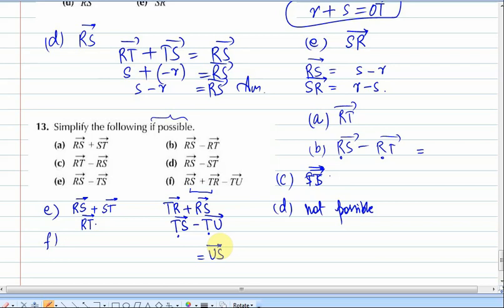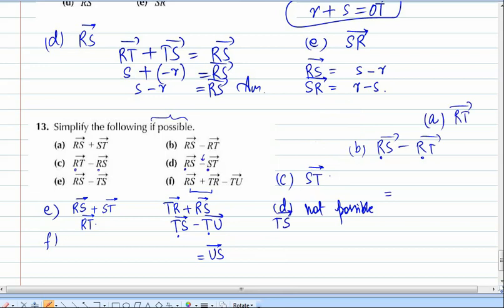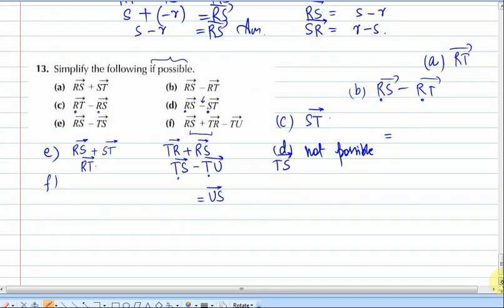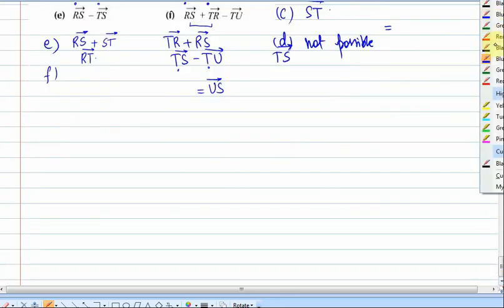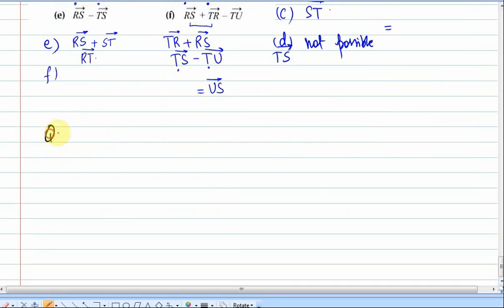Right? I hope that you have clearly understood the concept of all 6 parts of question number 13. After 13, moving on to the next question, it's question number 14. And the question says, find the value of x and y in the following equations.